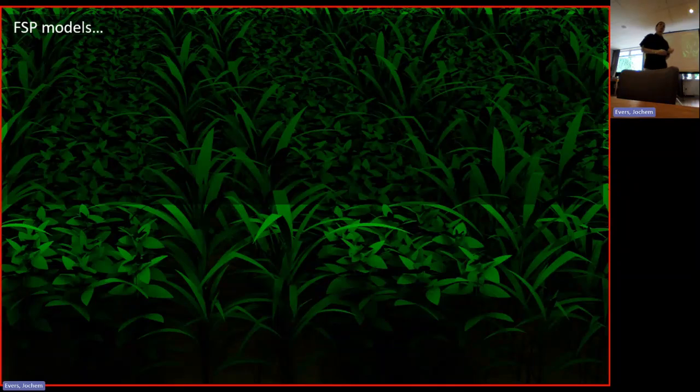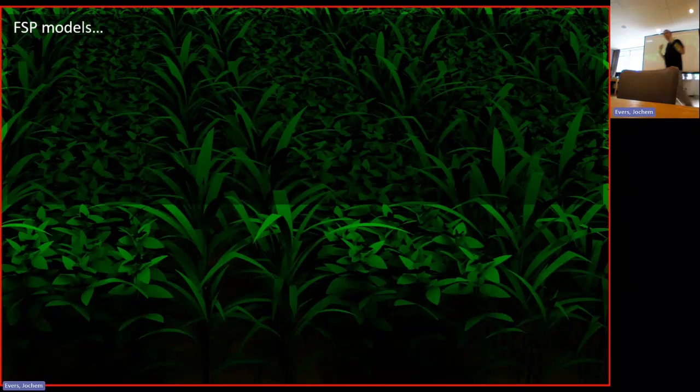Yeah. So we are using this type of modeling for questions also below ground these days. For example, also in the crop mix program, to which the experiment that we visited on Monday is part. We try to figure out how plants compete for light, for water, for nitrogen, and for phosphorus.